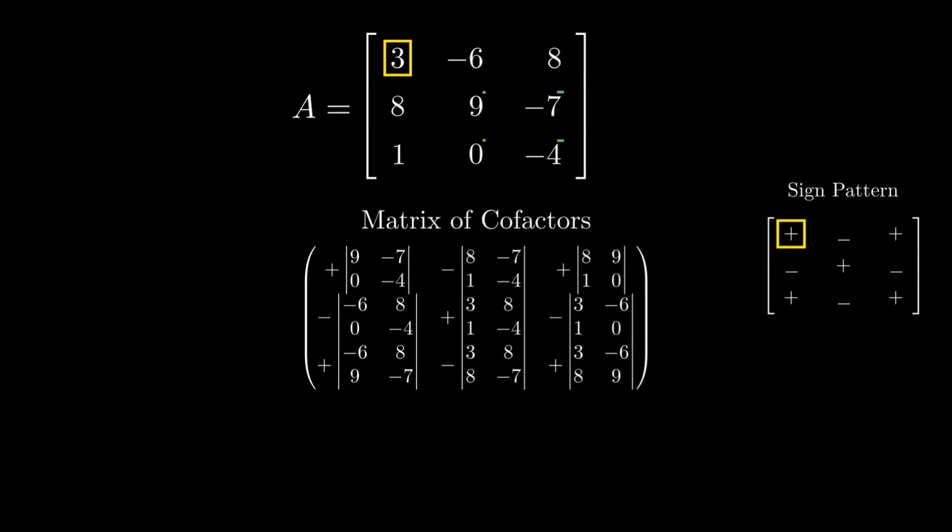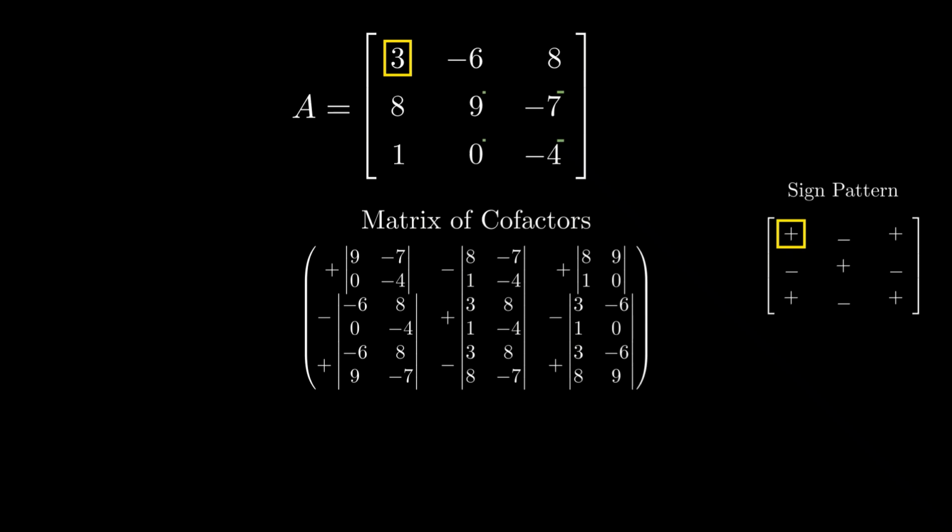So you may realize that the matrix of cofactors is of the same dimensions as the original 3 by 3 matrix, because we must have a cofactor for each respective element. So obviously for 3 we delete its row and its column, and we see that 9, -7, 0 and -4 are the elements that are left over, and this forms a cofactor.